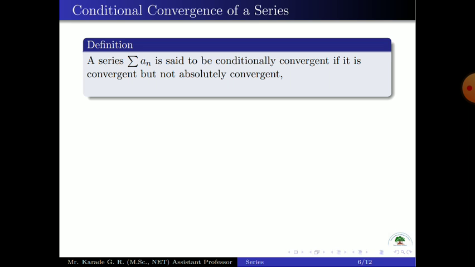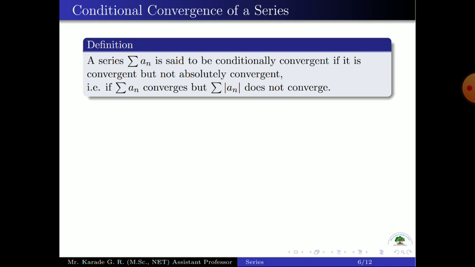That is, if summation an converges but summation mod an does not converge. So when we say that a given series is conditionally convergent, that series itself is convergent but its absolute series is not convergent, meaning it is divergent.